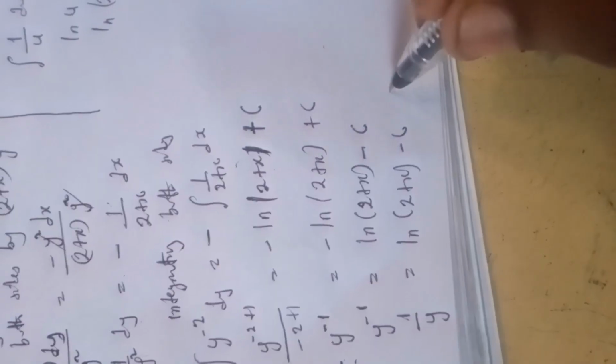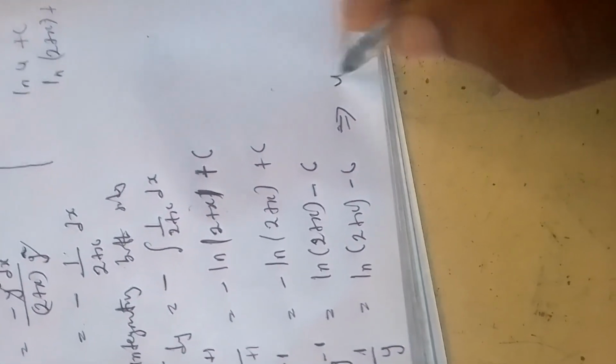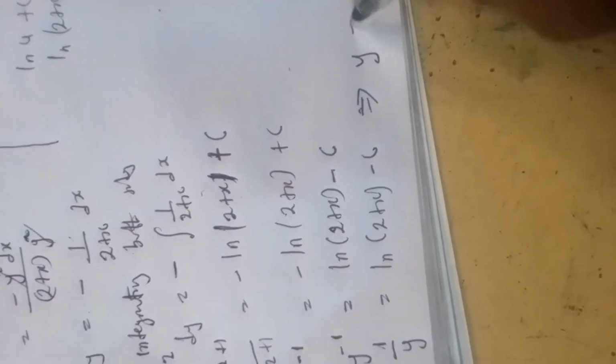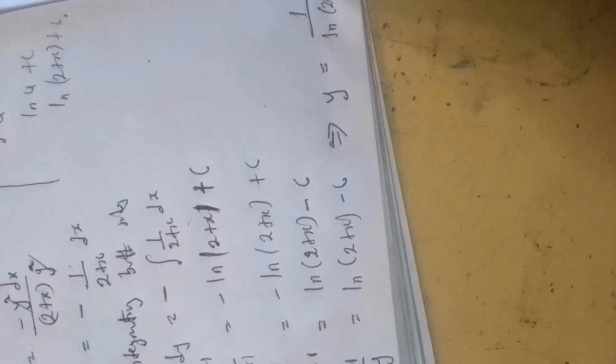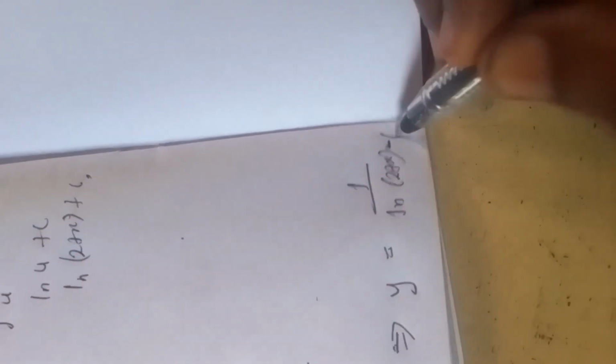Then finally, this is 1 over y. If I interchange it to also affect the other side, it will become y is equal to 1 all over ln(2 + x) minus c.